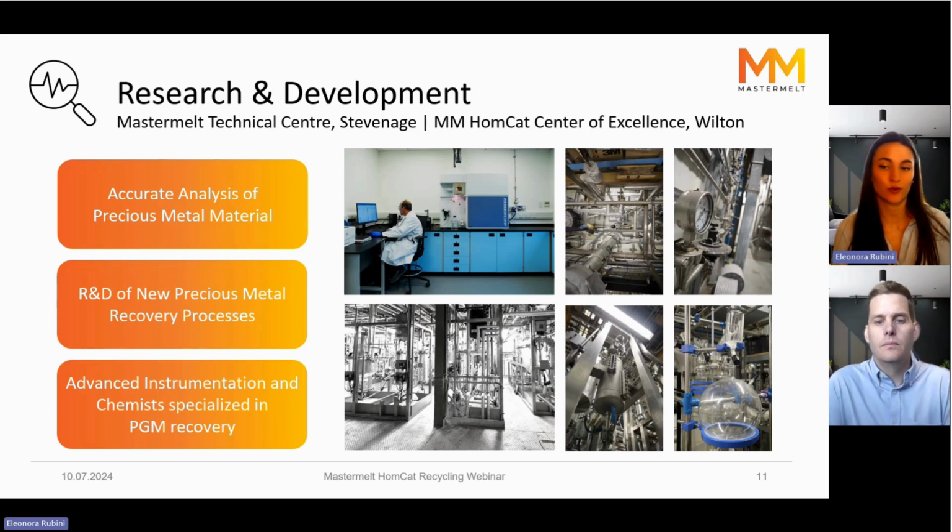And the goal is to create really a tailored solution for each material, particularly for those that have challenging both because of their complexity of the chemistry, but also because of the environmental concerns. So in the pictures, what you see here on the top left is a part of the lab of Stevenage, and then the other pictures are the facility in Wilton for scavenging and distillation.